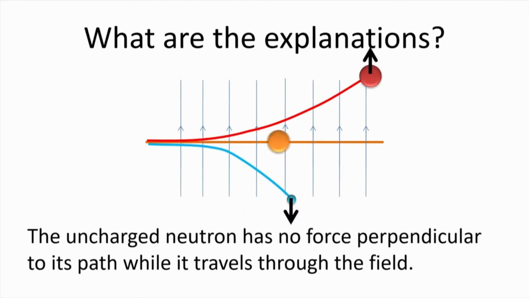And the uncharged neutron has no force perpendicular to its path while it travels through the field, so that goes straight across without being affected by the field. And so this technique is used in charge separation and in velocity selection, a number of techniques, knowing that these charged particles will separate because of the electric field.